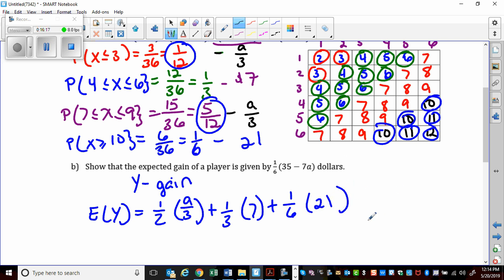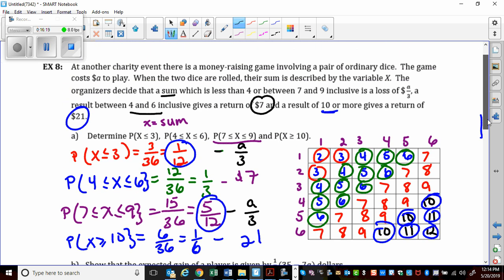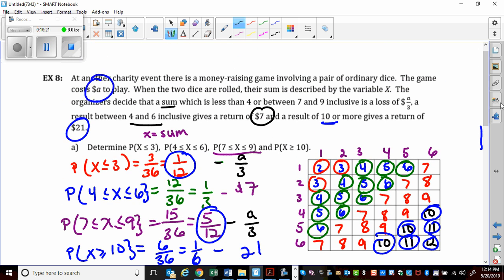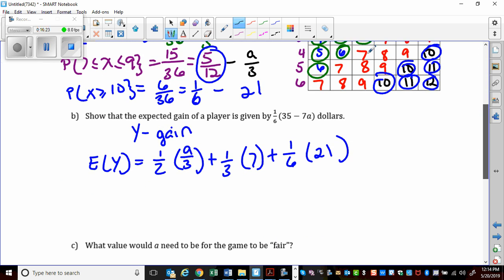And then we are going to have to subtract a. A is how much it costs to play. So minus a. I'm going to simplify this. I know that this is a over 6. This is a loss, so minus a over 3.